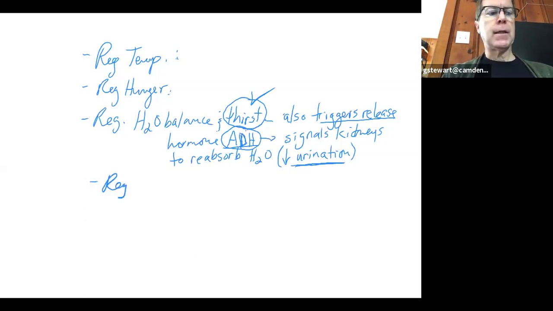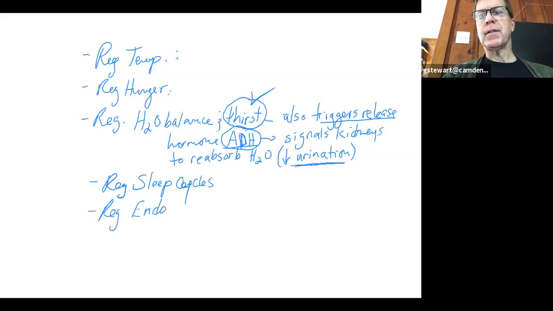Hypothalamus also regulates our sleep cycles when we are asleep and awake. And when I mention the epithalamus at the end, I'll mention what organ the hypothalamus regulates to do that. And finally, the hypothalamus basically regulates our entire endocrine system.